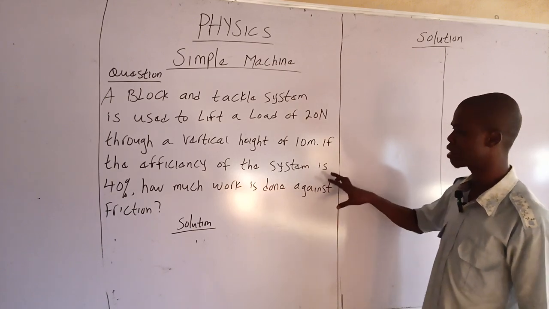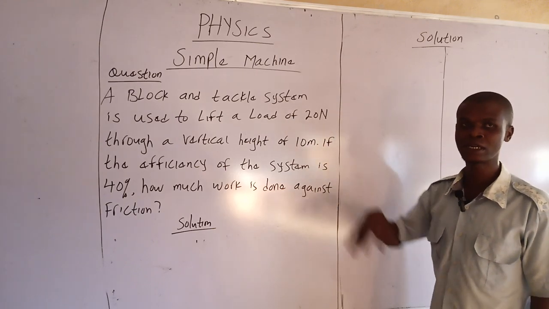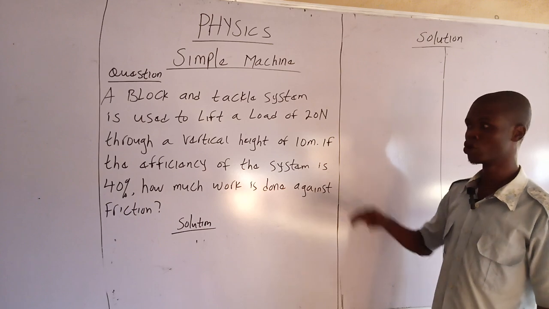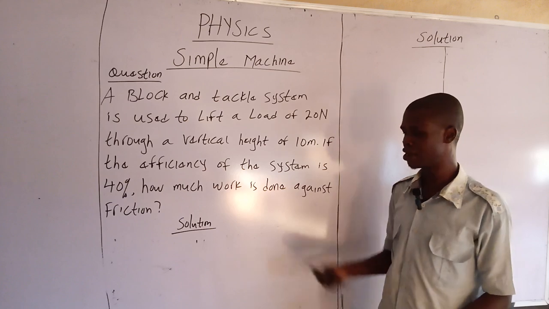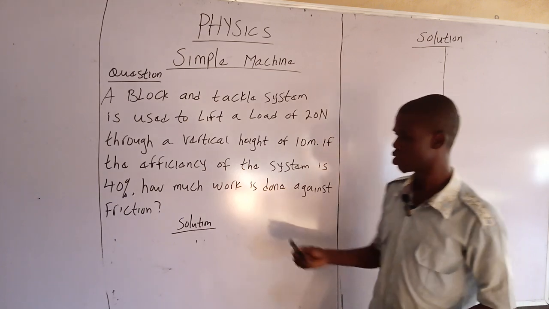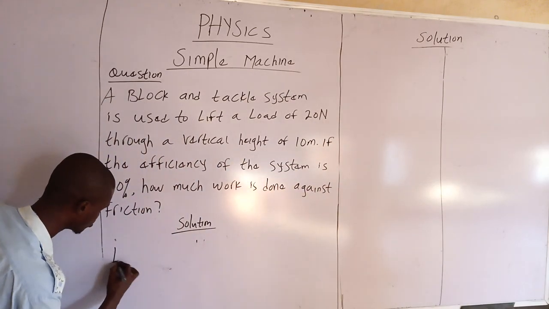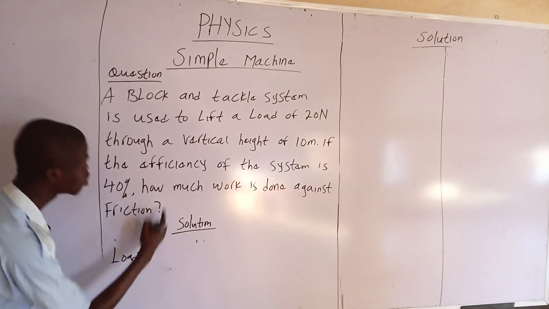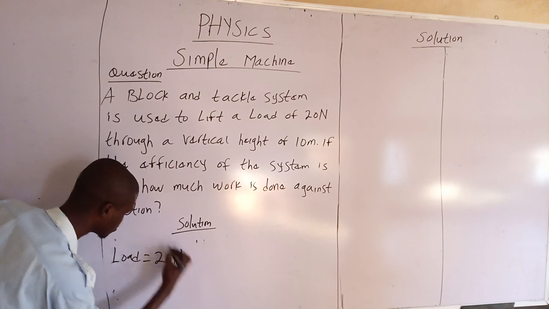So this implies that this machine, the block and tackle system, is being affected by friction, which is the reason for the efficiency not to be up to 100%. Now let's try to write out our parameters from what we are given. The load is equal to 20 Newton.